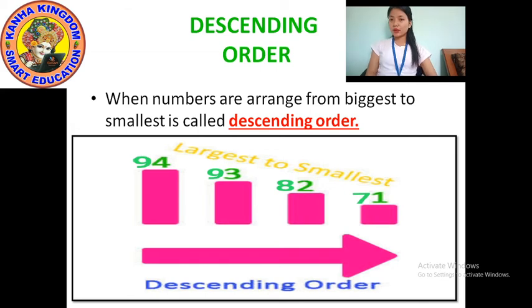The number 94 is bigger than 93, right? And 93 is bigger than 82, and 82 is bigger than 71. So the numbers are arranged from largest to smallest.